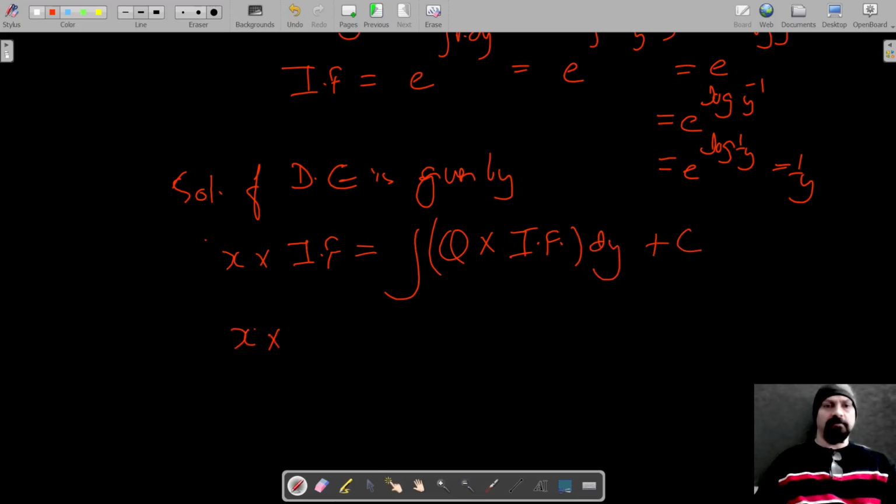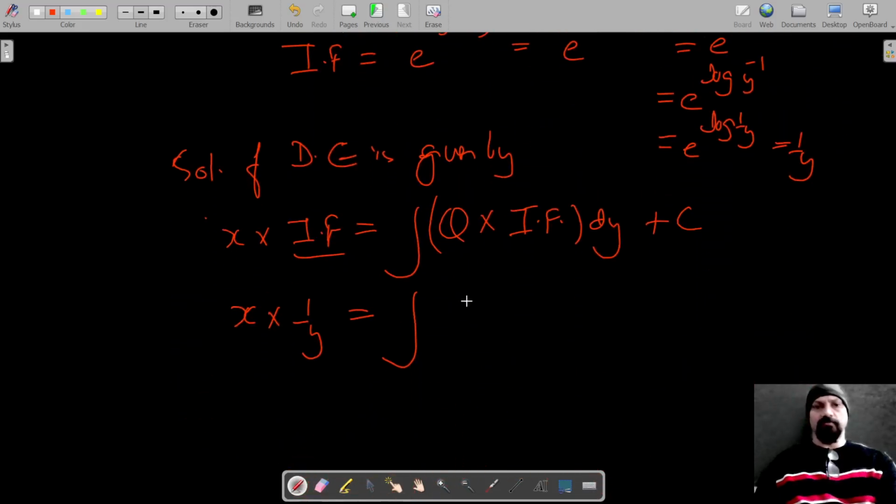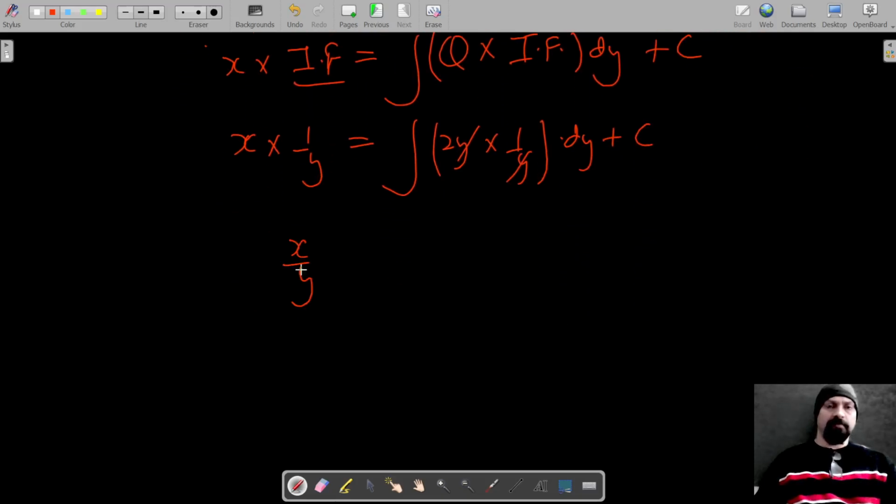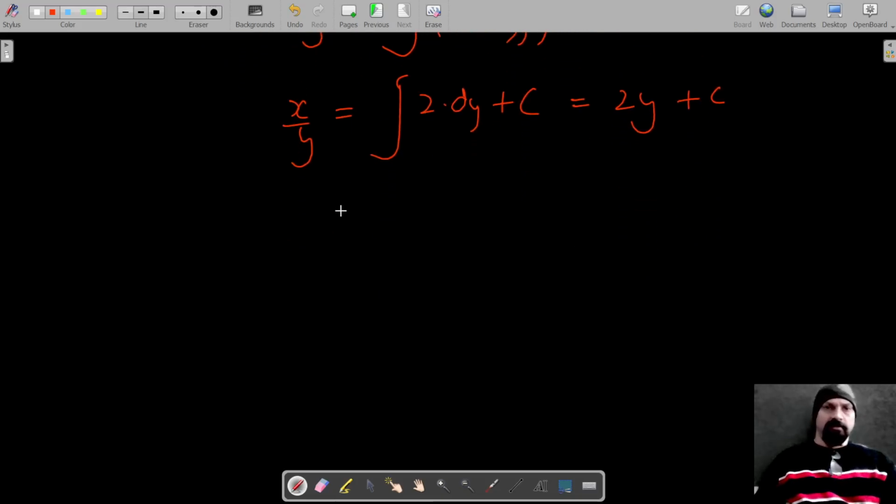So x into 1 by y is equal to integration of 2y into 1 by y into dy plus c. So this gets cancelled. So x by y is equal to integration of 2 dy plus c, which is equal to 2y plus c. And finally, I can write it as x is equal to 2y squared plus cy.